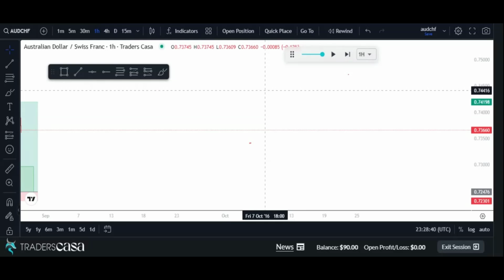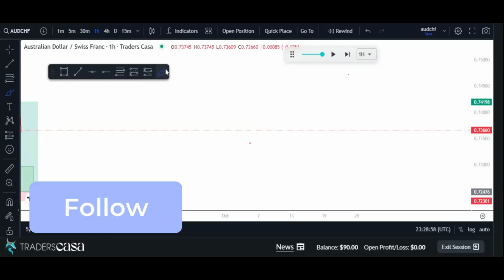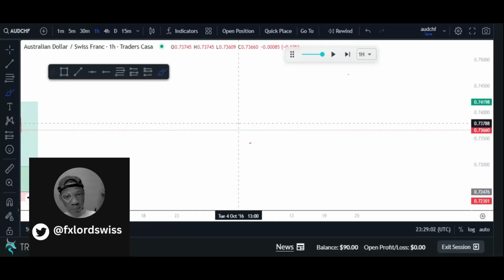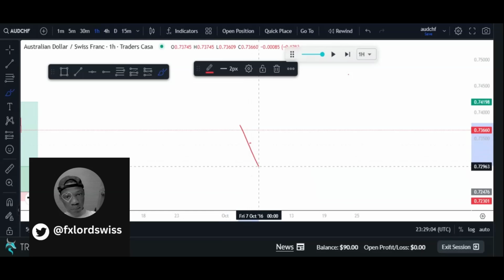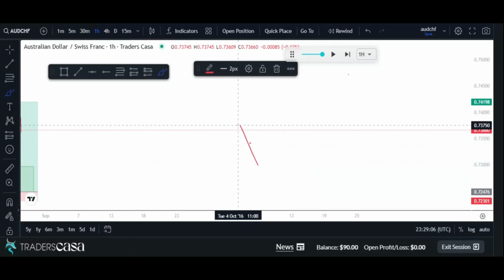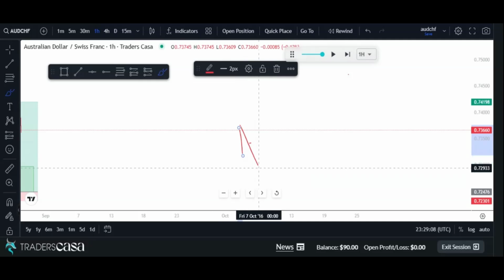But to identify a valid breaker block, there are confluences that have to be involved, and those confluences can differ. We have a breaker block that comes with a sweep of a high.